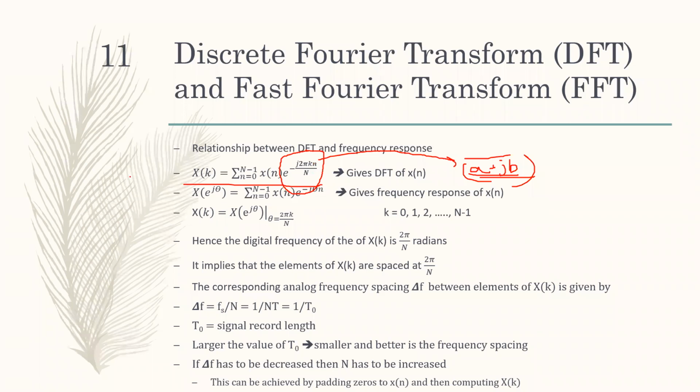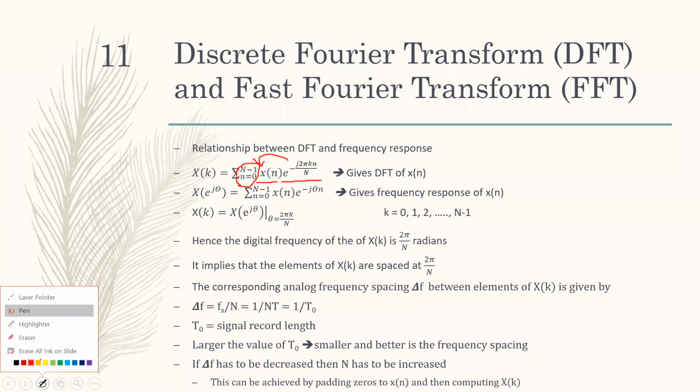When I observe this, you will have to take this result and multiply with x of n. It is not only for one element, it will be for the n elements which are present, and it is not only for one entire thing, it will be for so many parameters over there. So you are having a complex exponential which might result in a complex number or real or any other number, and you are incorporating multiplication with the sequence x of n for all the n samples present in x of n.